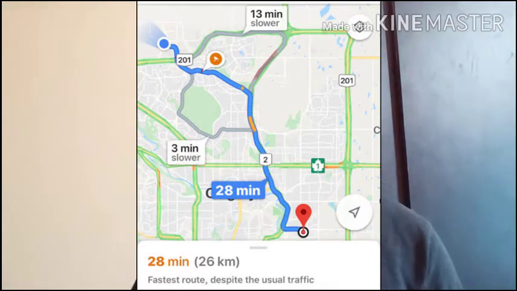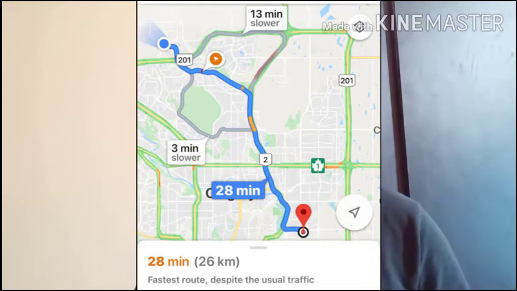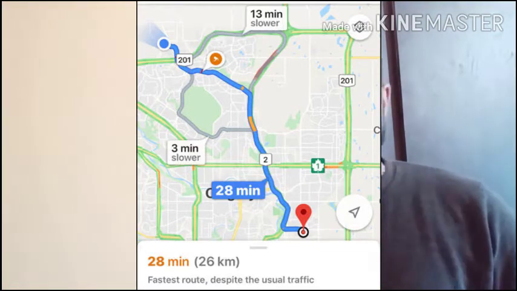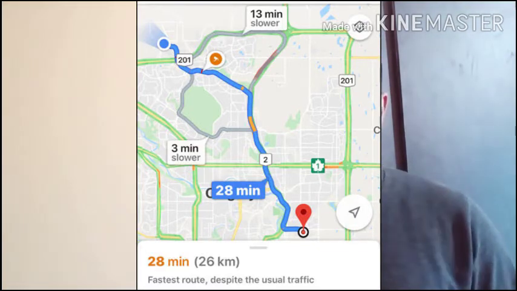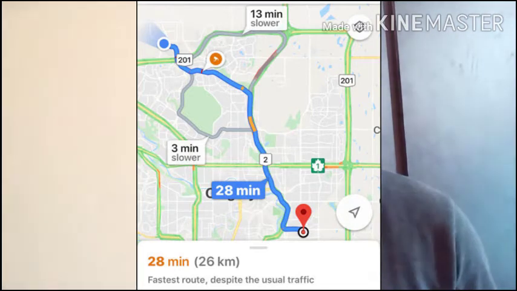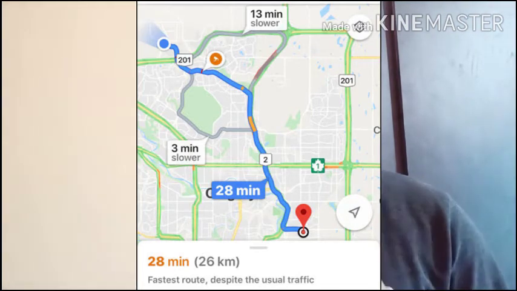Then after 10 minutes of travel, it shows again that your destination is about 7.5 kilometers away. Exactly, it shows the distance.